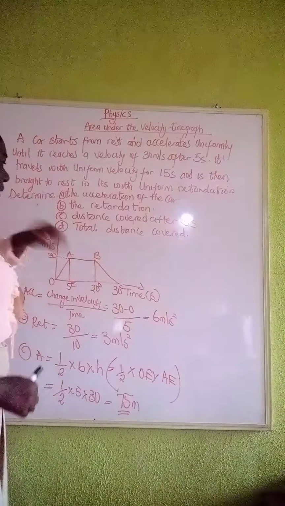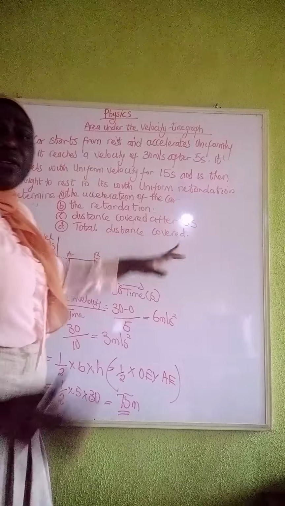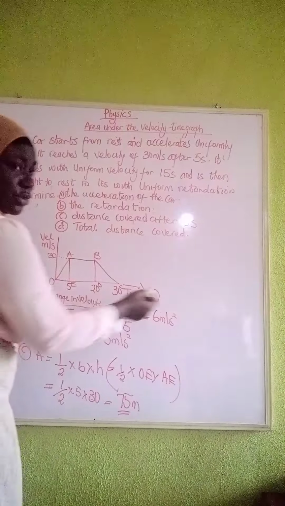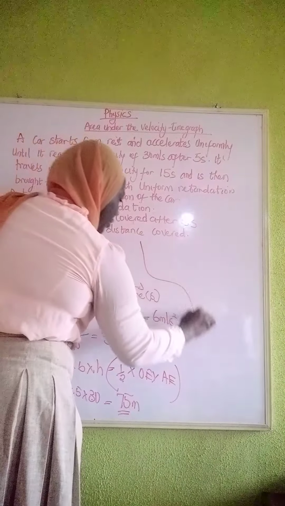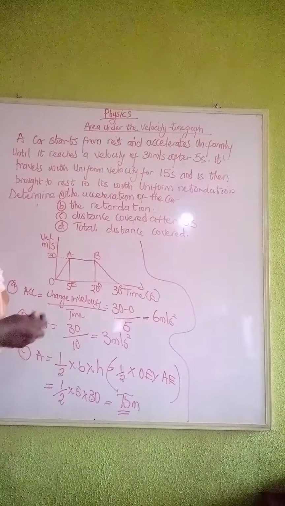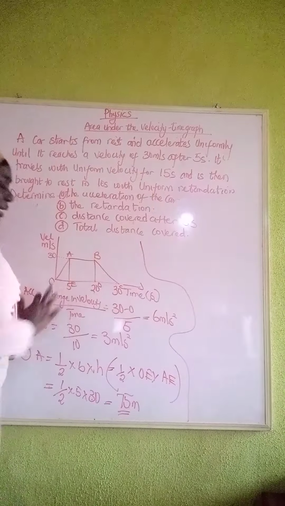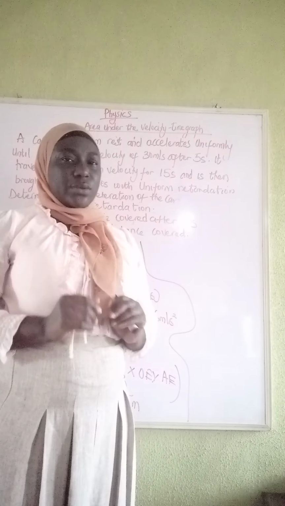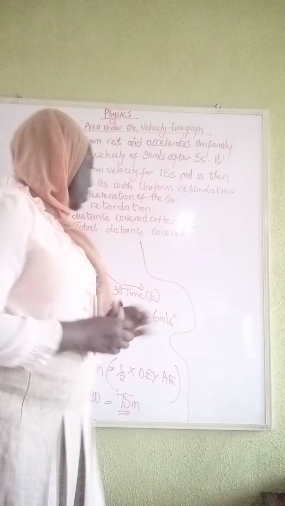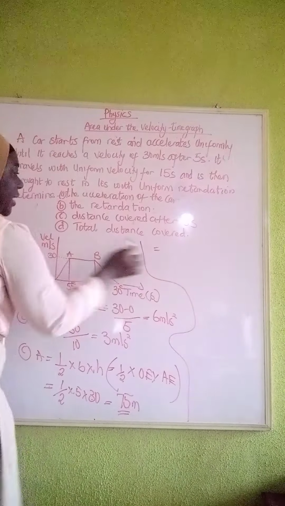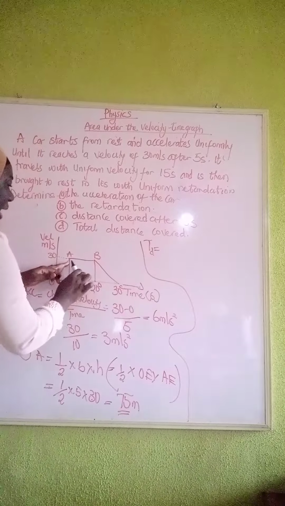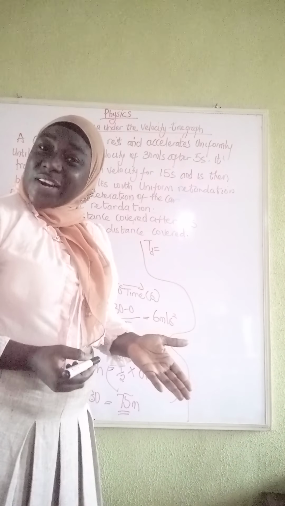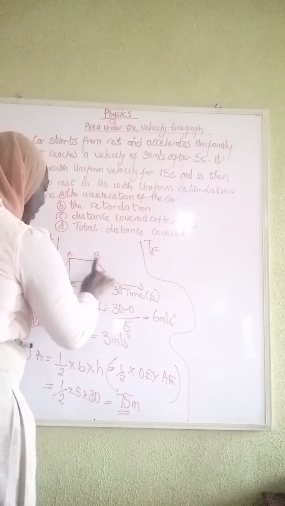Now the last question says, the total distance covered, as in for the whole journey. Let me use the space here so that I won't have to rub off the diagram. If you want to calculate this, can somebody tell me what shape this is? We can use 2 methods, but let me teach you the simpler method. To calculate the total distance, we can just calculate the area of this shape. This shape is a trapezium.